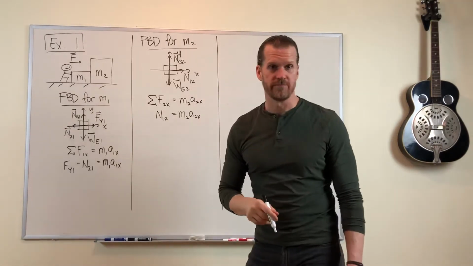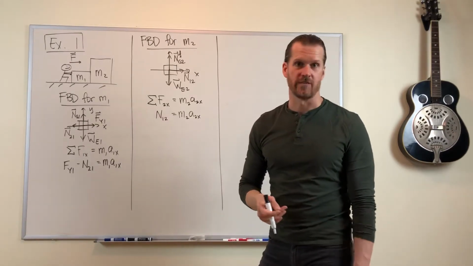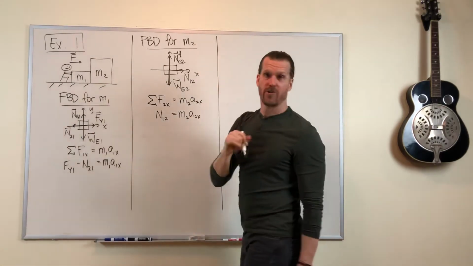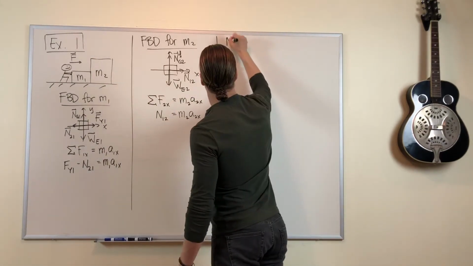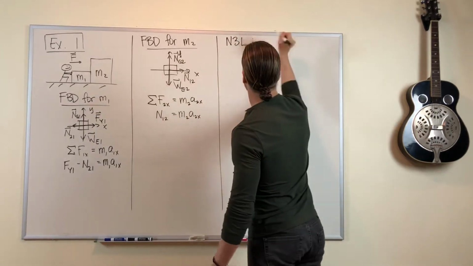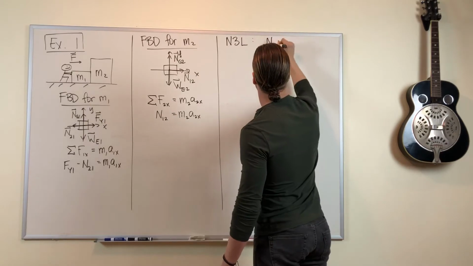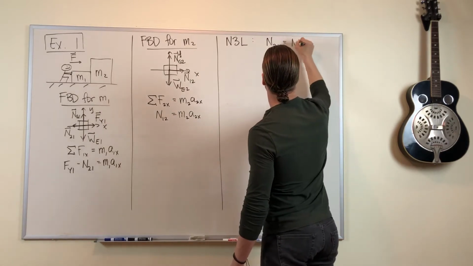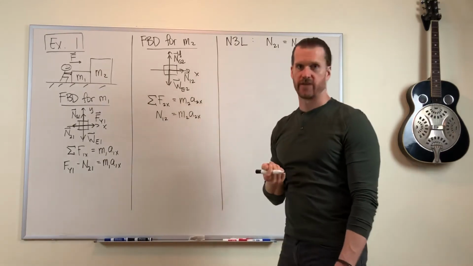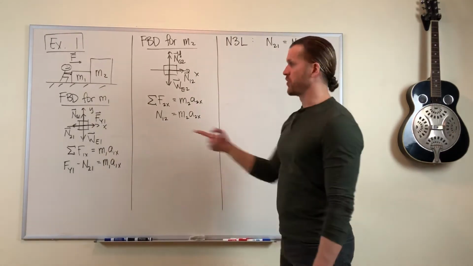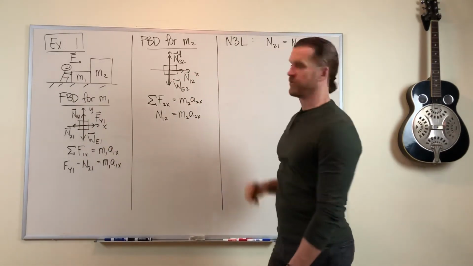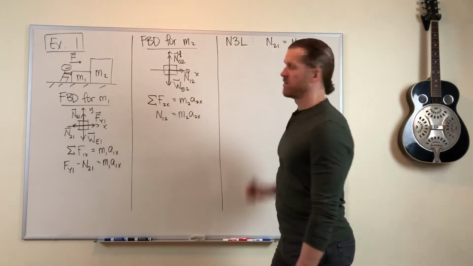So now what we'll do is we'll use some common sense. From Newton's third law, we know that N21 equals N12. The magnitudes of those two vectors are equal. They point in opposite directions, as we indicated in the free body diagrams, but the magnitudes, with no vector signs, are equal.